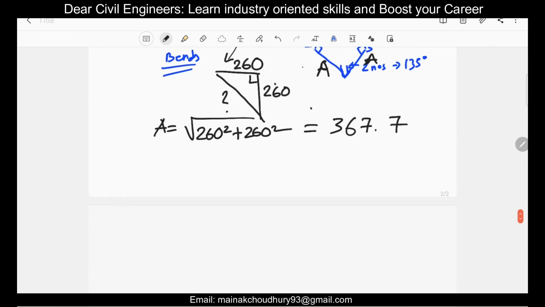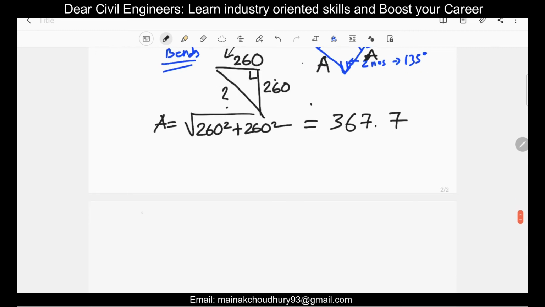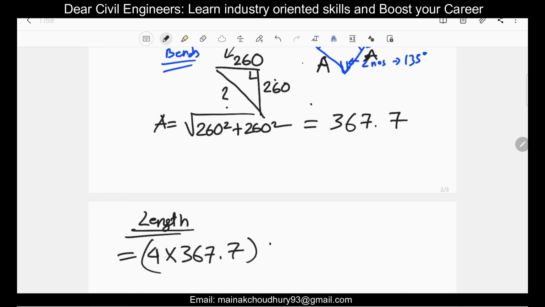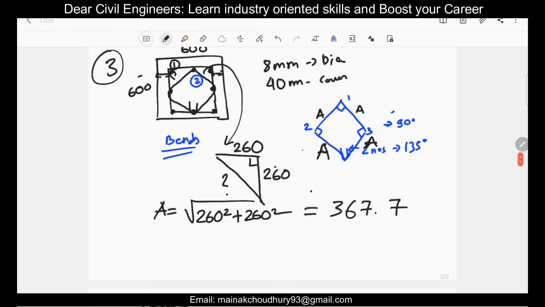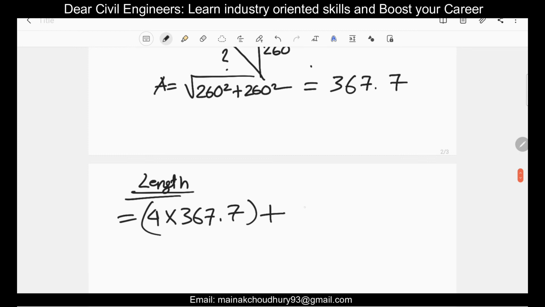So the length of the stirrup will be 4 into 367.7. This will be the length here, that is 4 A's, and it will be plus the hook lengths here. There are usually two hooks here, so it will be 2 into 10D, that is 8 mm.